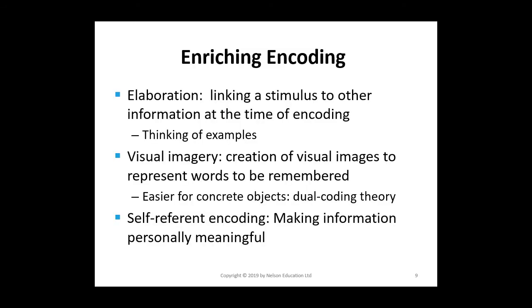What about enriching encoding? Elaboration is a process by which stimulus is linked to other information at a time of encoding. So for example, if you're studying phobias for your psychology test, you can apply this information to your own fear of spiders. You're making the association of your own fear of something and you're connecting it to the concept of phobia.